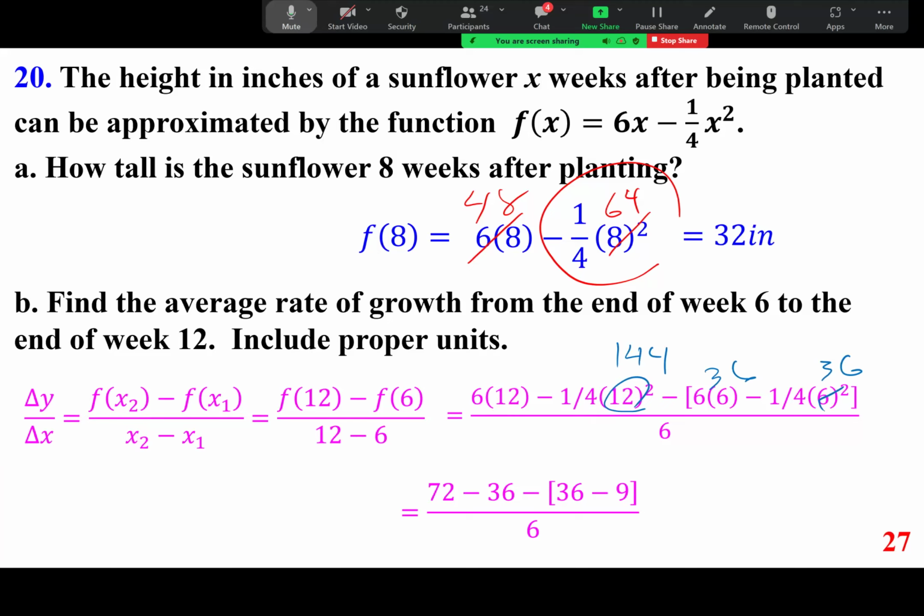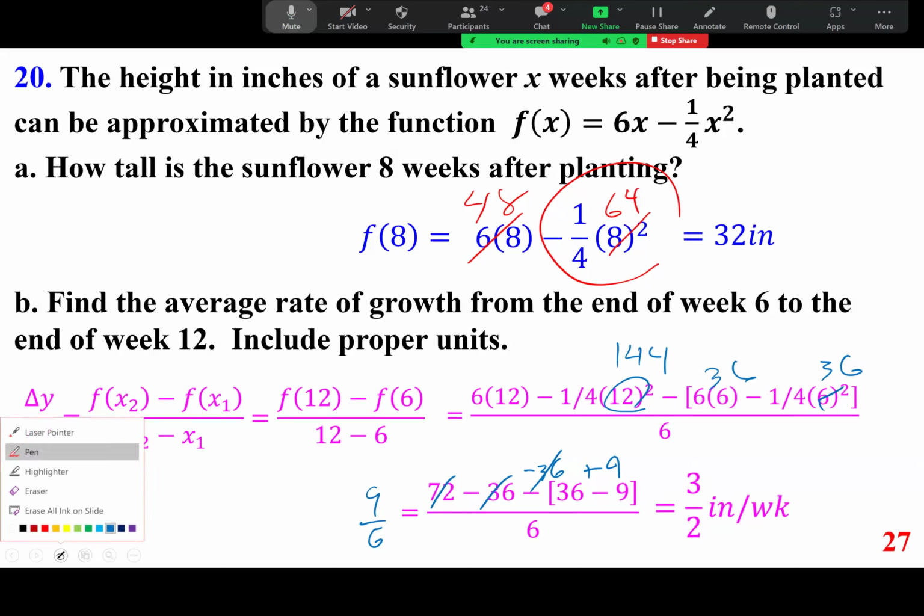And I hope you see that this is actually minus 36 plus 9. So these two can cancel each other, right? 72 minus 36 minus 36, they cancel each other. 9 over 6, which is 3/2 of an inch per week. The units of the numerator, which is in inches, over the units of the denominator, which is in weeks.